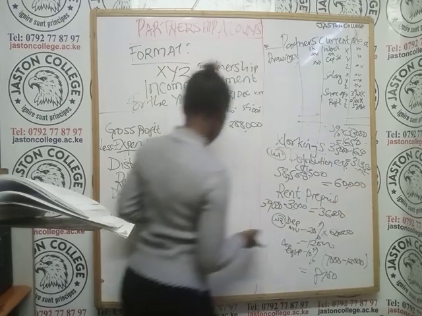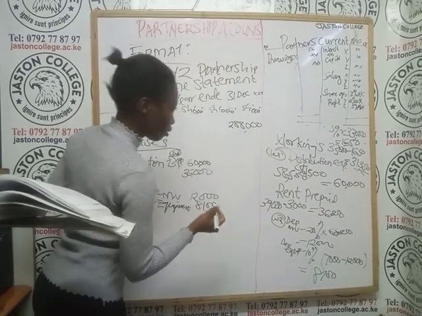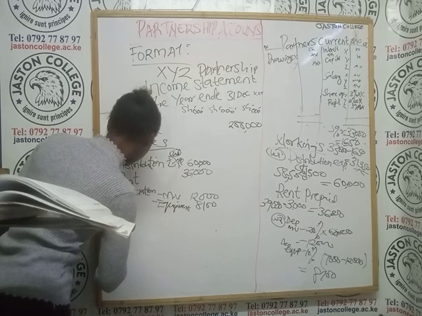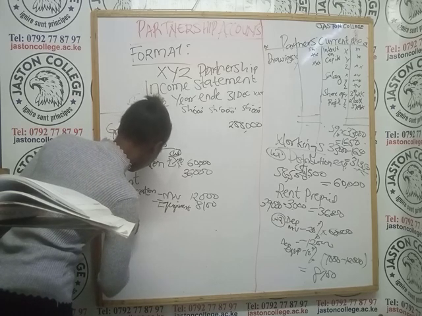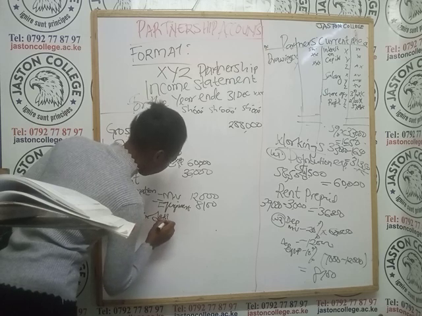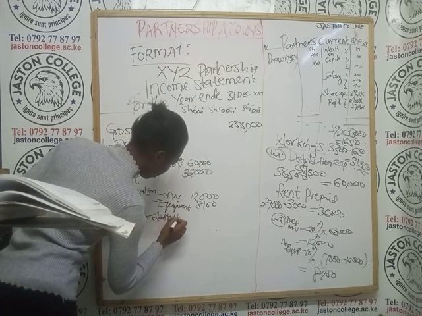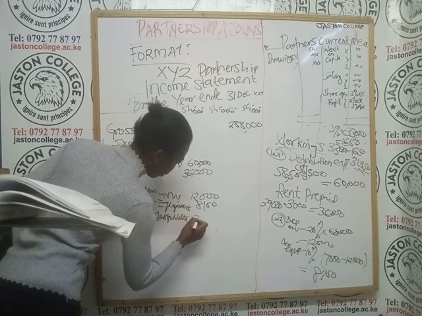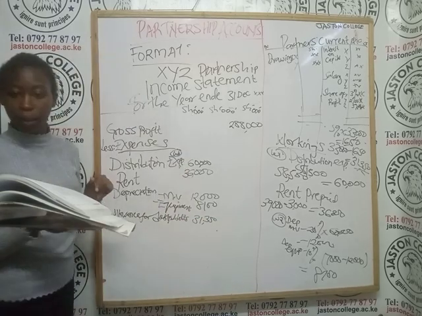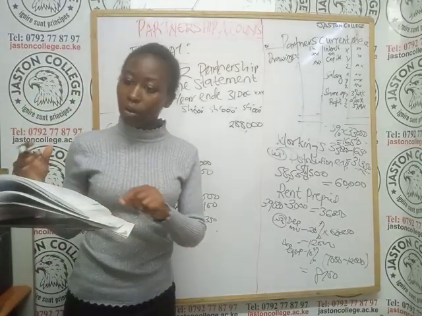We will come and write it here, allowance for doubtful debts, 31,350.